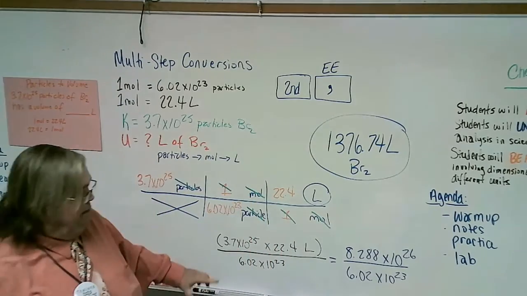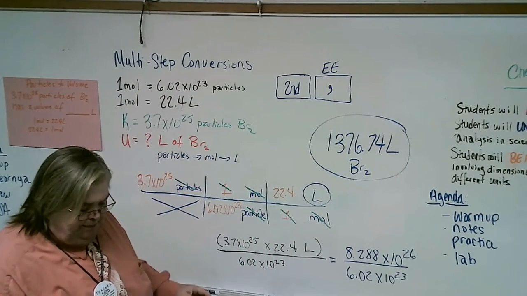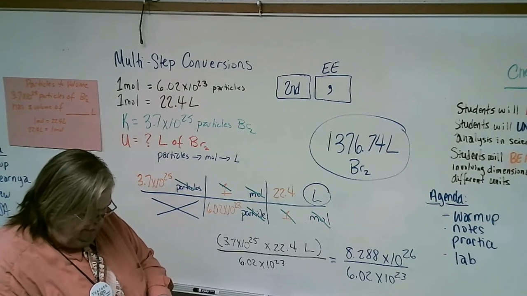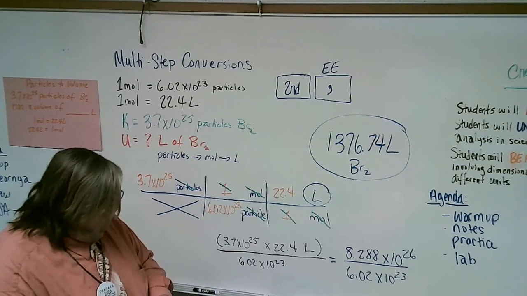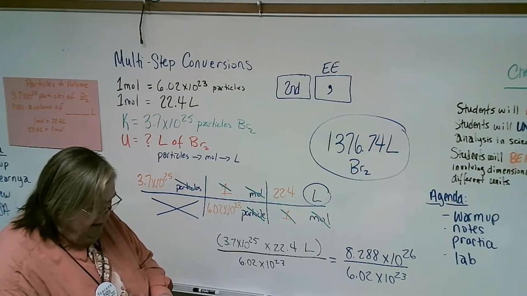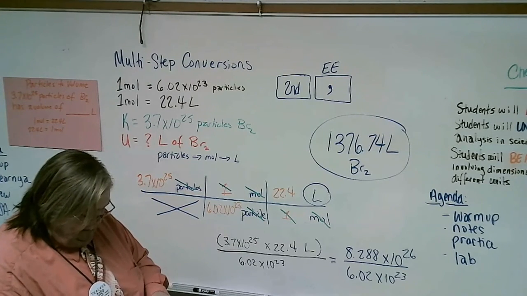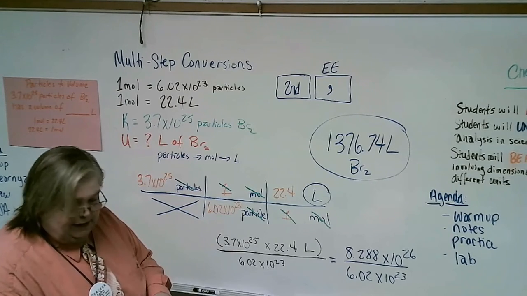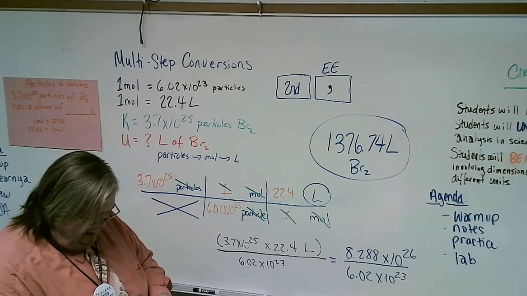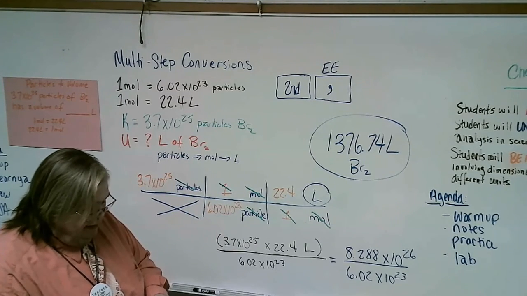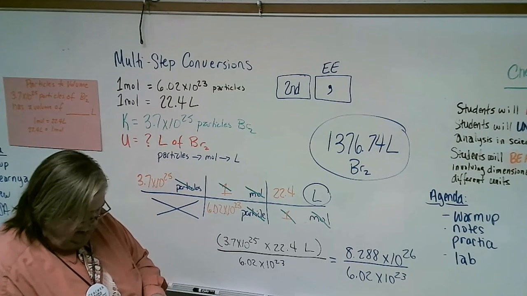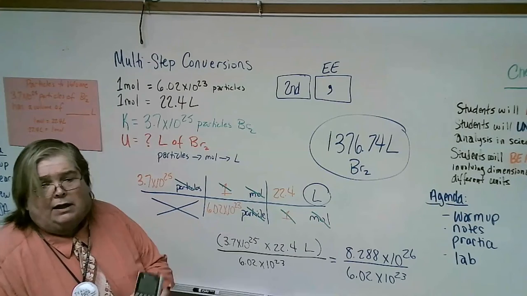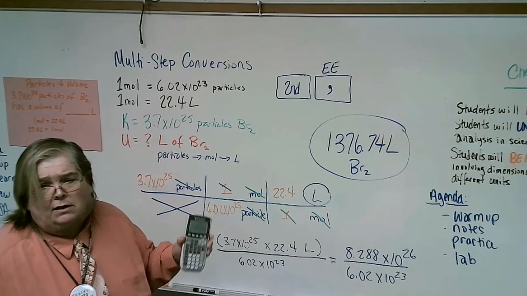Now, if you want to do this in one step, open parentheses, 3.7, second function, comma, 25 times 22.4, close parentheses, divide sign, 6.02, second, comma, 23, enter. And it gives you the same answer.